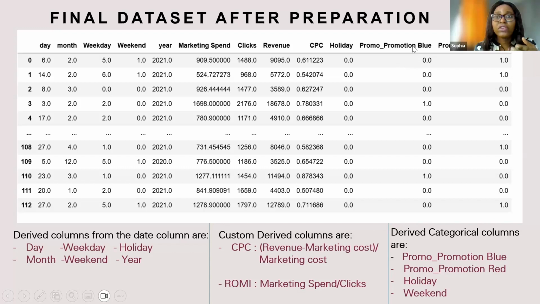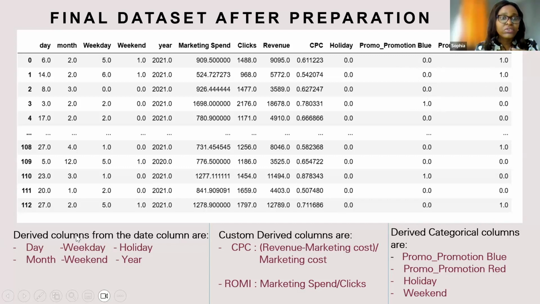For promotion blue, wherever you've got a 0, it means it's not a promotion blue day, but where you've got a 1, it means this is a day where promotion blue was actually carried out. It's likewise for red as well.